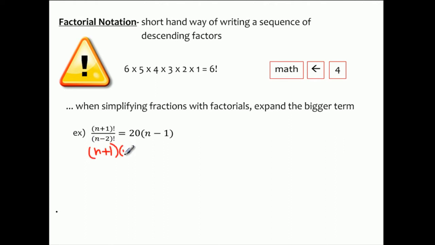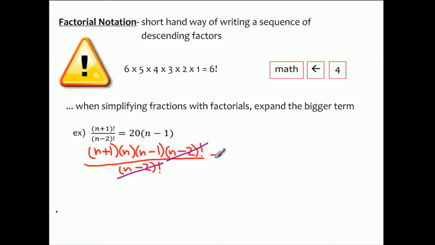Factorial tells you to decrease by 1 each time. So n minus 1, and then n minus 2. I stop at n minus 2 because there is an n minus 2 in the denominator at this point. So these n minus 2's will disappear.